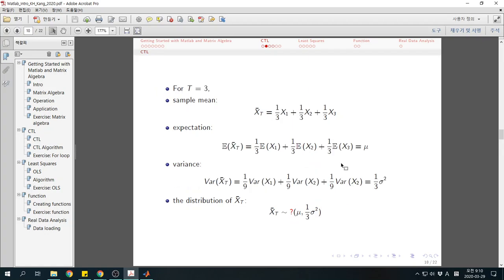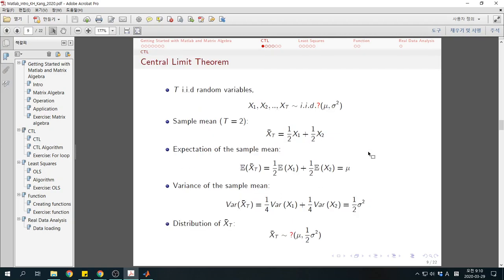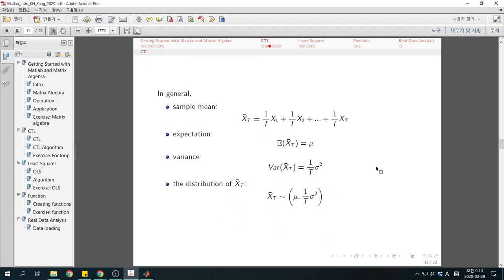If capital T is 3, the variance is 1/3 sigma square, and for two random variables it is 1/2 sigma square. So the distribution of x bar is unknown, although its mean and variance are known, right?